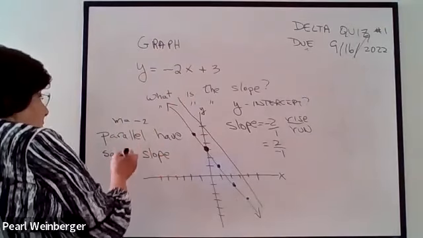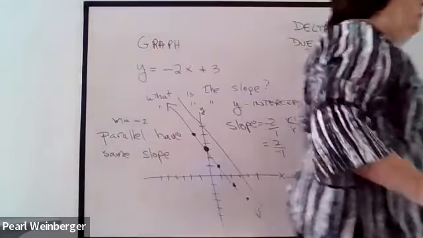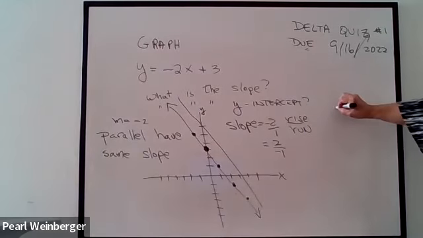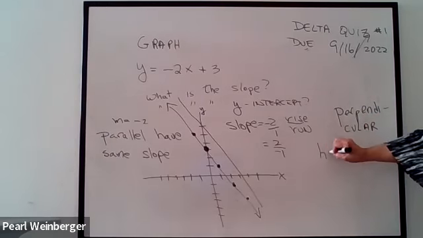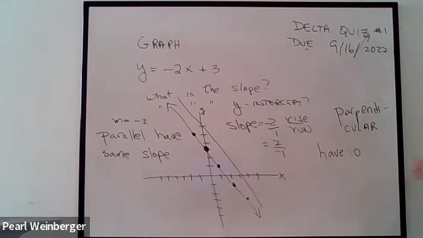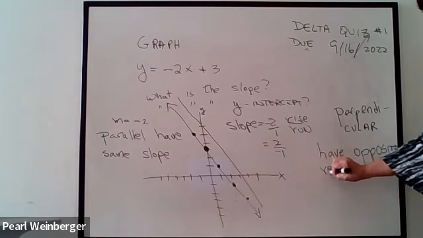We also said that if lines are perpendicular, which means the lines meet at right angles, they have opposite reciprocal slopes.